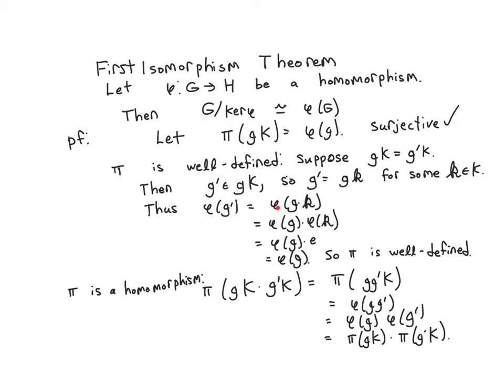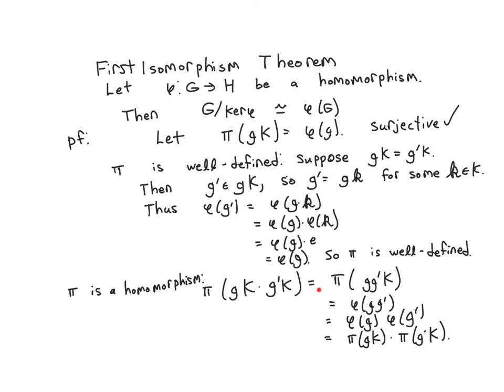Since phi is itself a homomorphism, this is equal to phi of g times phi of k. Since K is the kernel, phi of k is the identity. And anything times the identity is the other thing. So we get phi of g prime is equal to phi of g. So pi is in fact well defined.